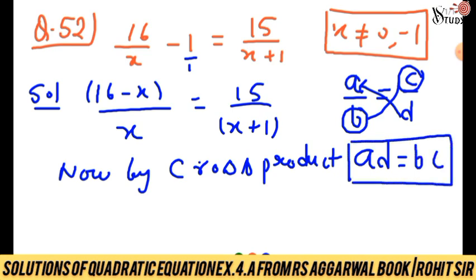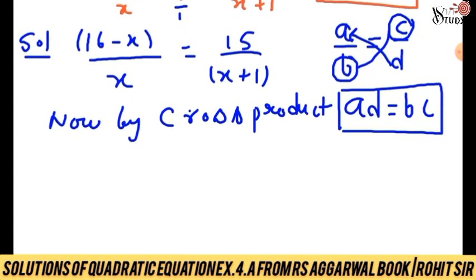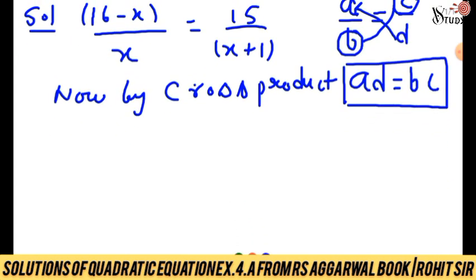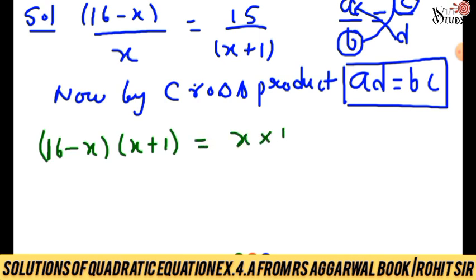So in the same manner we are going to multiply here. After multiplying, we multiply 16 minus x with x plus 1, and x is multiplied with 15. I hope you understand this cross product method.